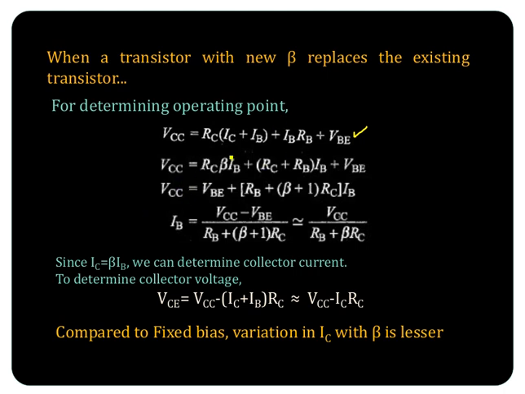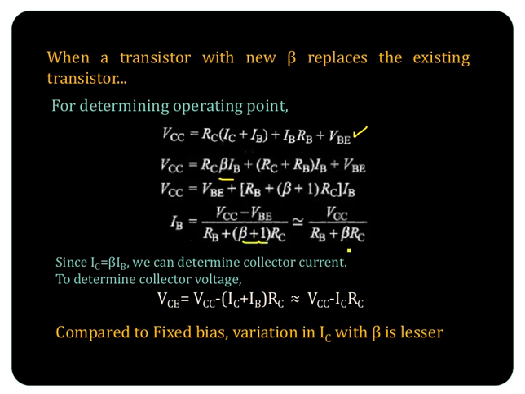Okay, so VCC equal to, you are replacing IC with beta IB, then you get an expression like this, RC into beta IB plus IB, plus RB into IB plus VBE. So VCC equal to VBE plus, what are the factors of IB? RB plus beta plus 1 RC, or IB equal to VCC minus VBE by RB plus beta plus 1 into RC.